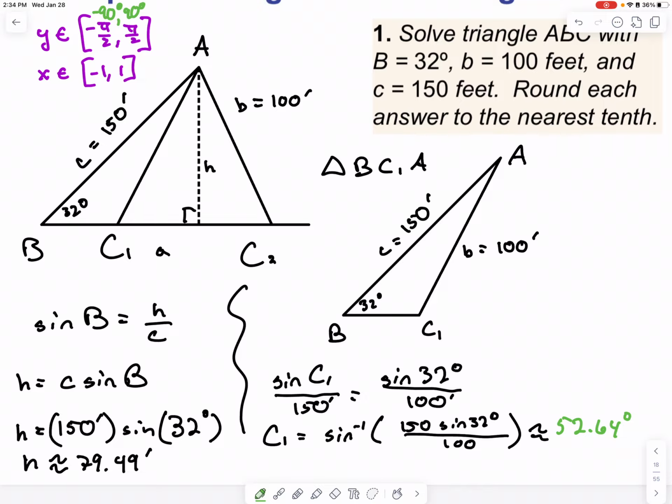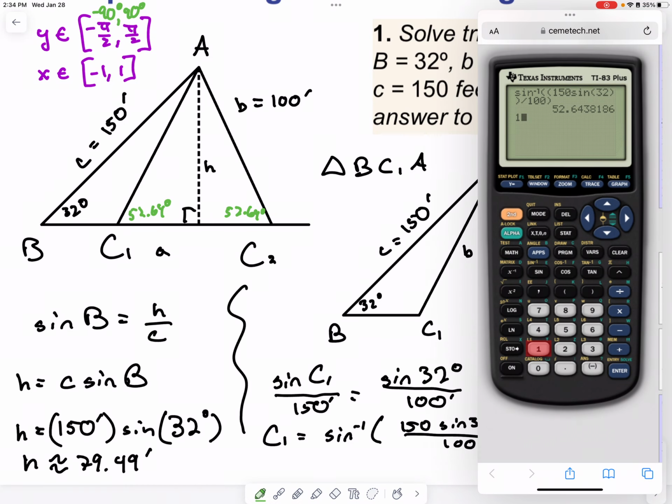Now, on the left-hand side, we probably should have done C2 first, because I want to say that 52.64 refers to this angle here, 52.64 degrees. This guy here is also 52.64 degrees. So then we need to find the supplementary angle: 180 minus that.